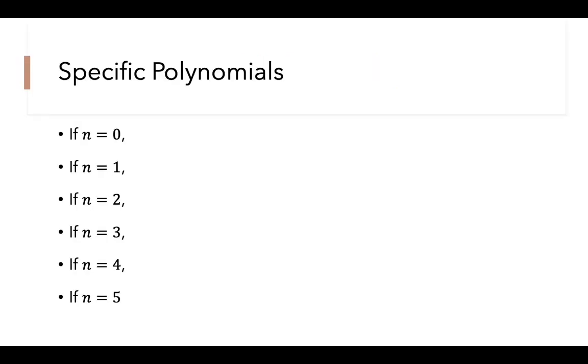Before we do an example, there are specific names for polynomials of different degrees. If the highest degree n is equal to 0, then f(x) = a0, and we call it a constant function.